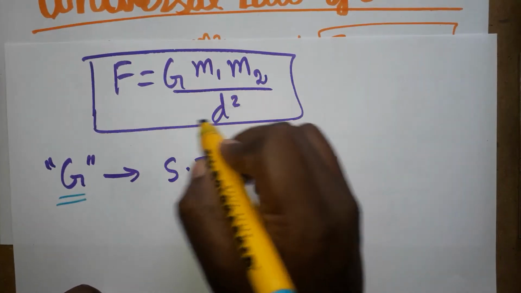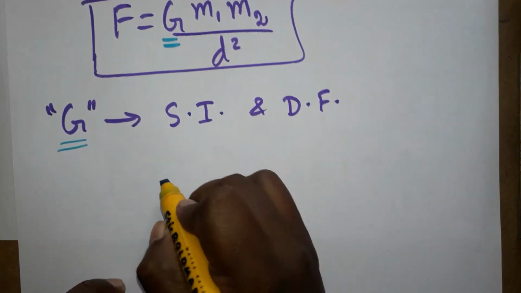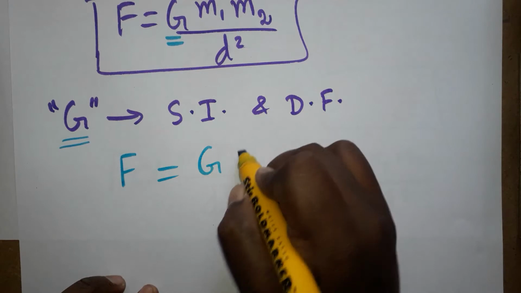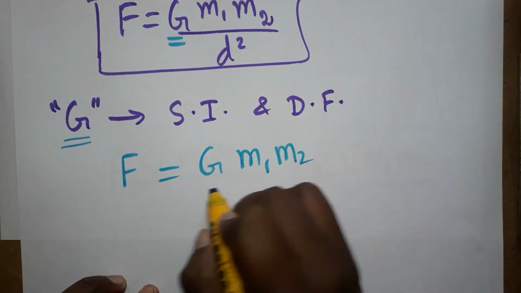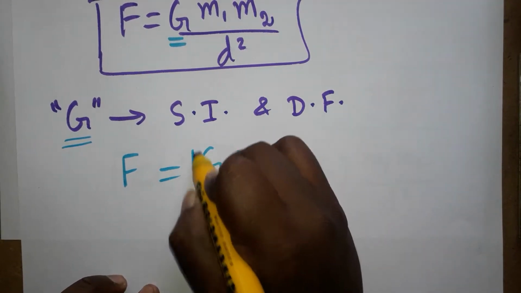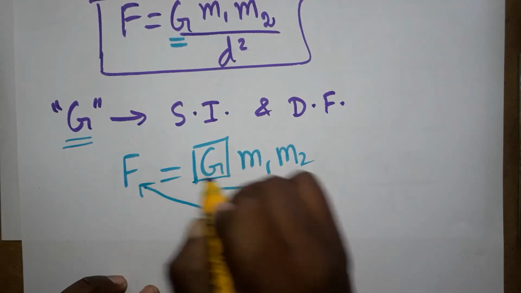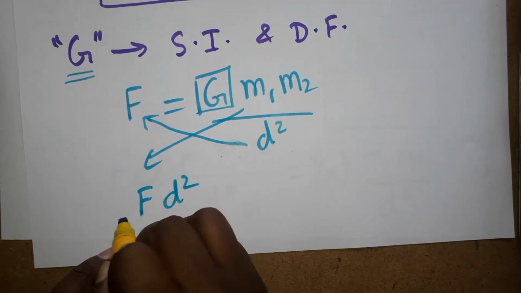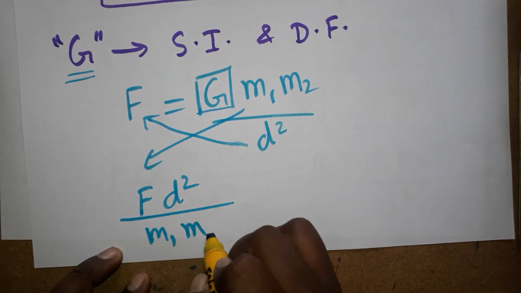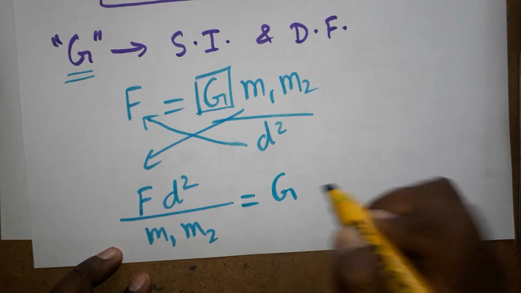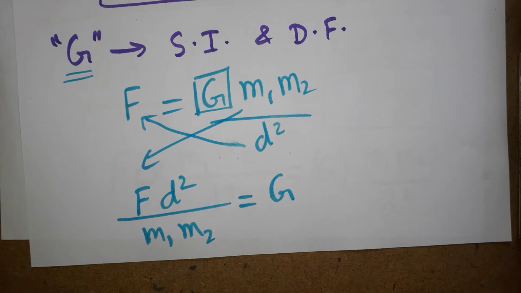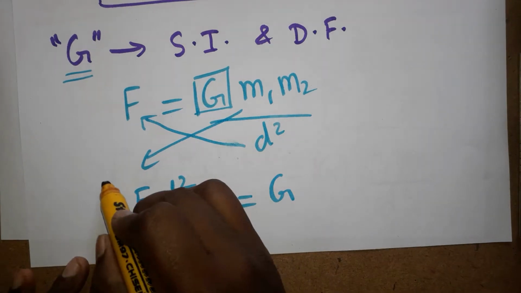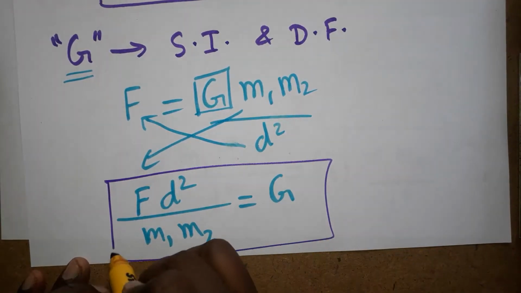In the same equation, F is equal to G m1 m2 divided by d square. I want capital G, so I modify the equation by cross multiplication: F d square divided by m1 into m2 is equal to capital G. Capital G is the universal gravitation constant.